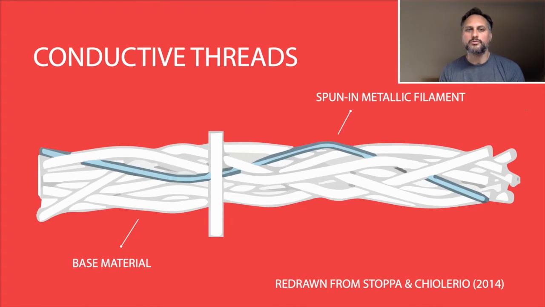Or we can use multiple metal multifilaments inside of the yarn, integrating metal fibers, which looks like this. So you would spin metallic filaments into the base material, and that then provides conductivity. Conductivity with different resistance depending on the material used, so that affects the way you have to set up and power your smart garment.